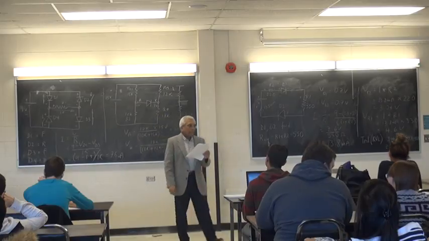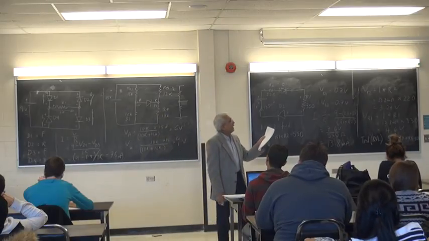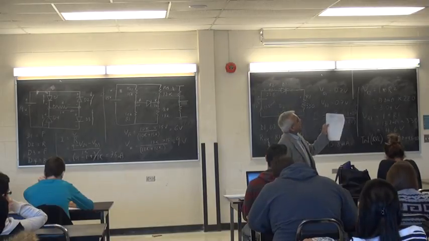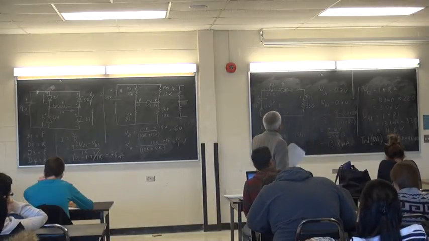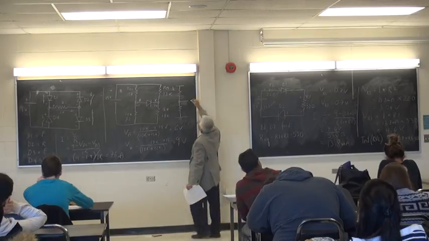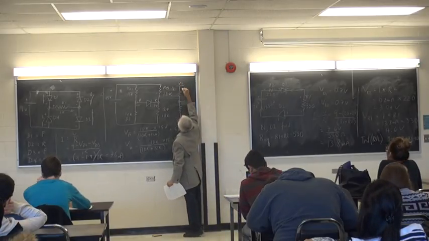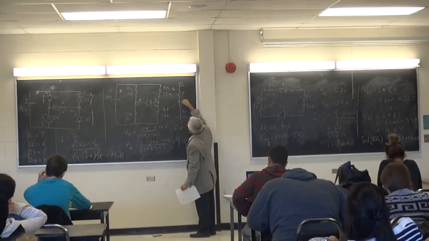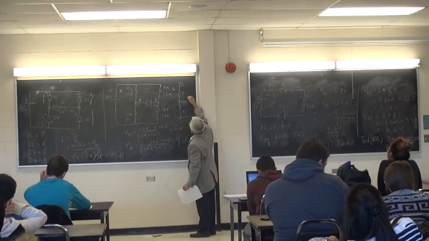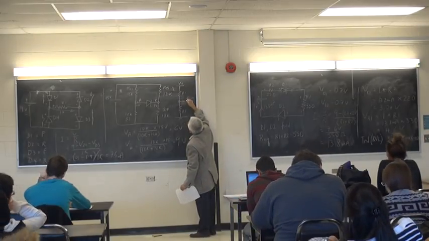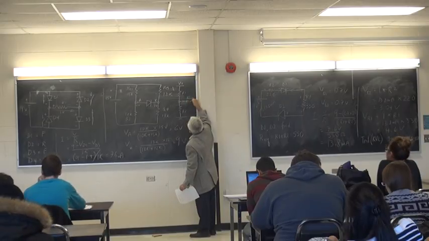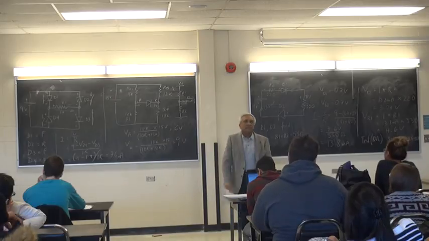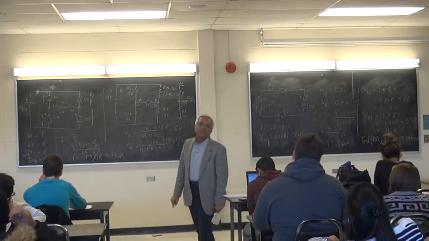Because if you look at the voltage divider rule, VR2 over Vs is equal to R2 divided by R1 plus R2. Voltage divider rule says if this is Vs, this is R1, this is R2, then this voltage here is R2 divided by R1 plus R2, and that answer multiplied by Vs. That's the voltage divider.